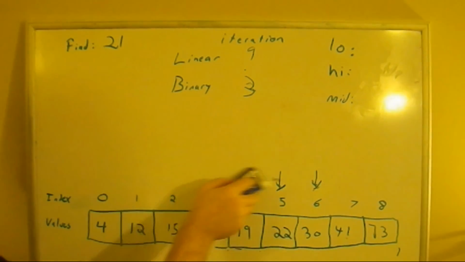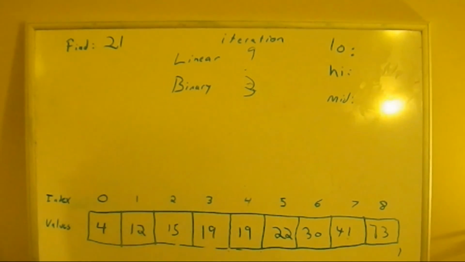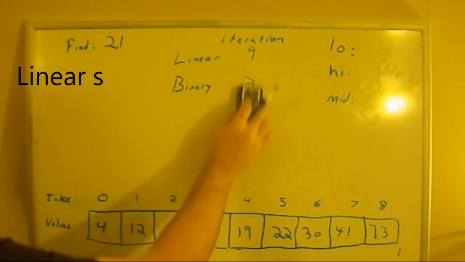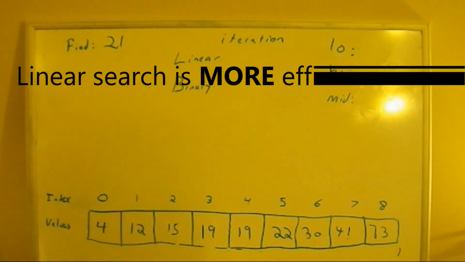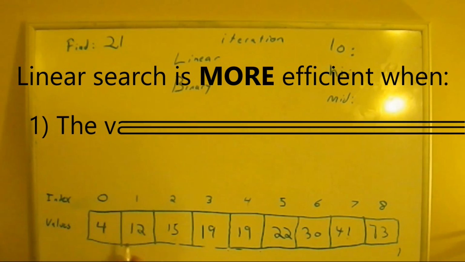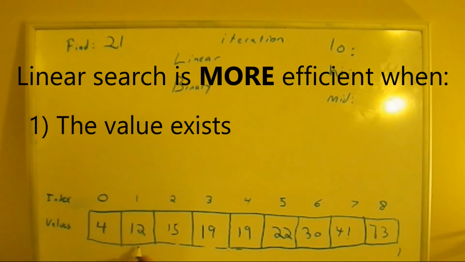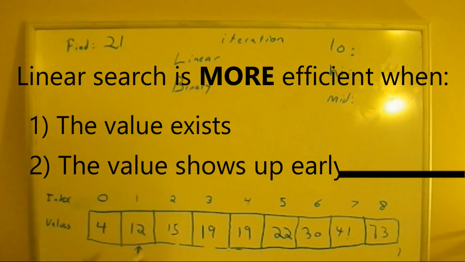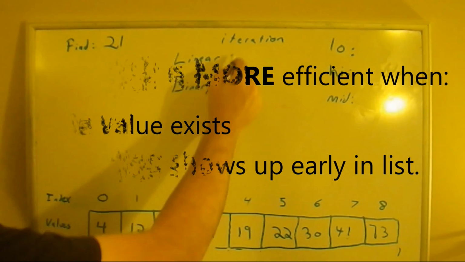Now, there is one scenario where a linear search is more efficient than a binary search. And that would be if the value that we're searching for exists and it's earlier on in our search. Let's say, for example, 12. If I wanted to search for 12 using a linear search, it would take me 1, 2 iterations.